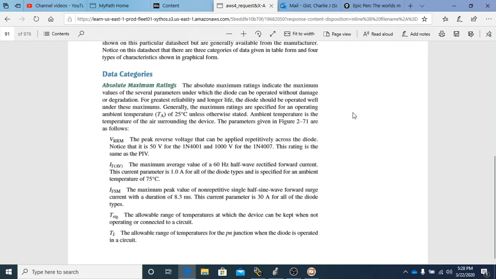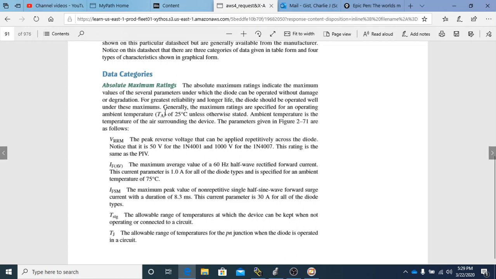Which means that, as we've heard, certain things change if the temperature changes. Some of them are inverse, some of them are directly affected. Meaning that sometimes, if the temperature goes up, its rating goes down, or if the temperature goes down, the rating goes up, and vice versa.